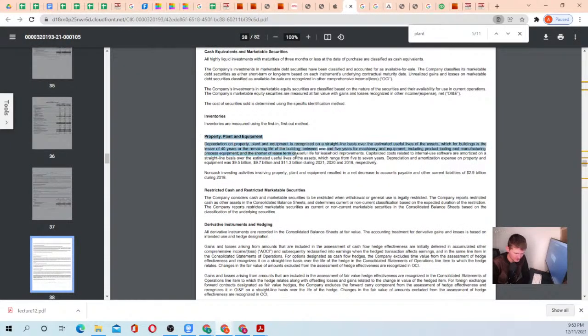So first of all, we have PP&E in accounting policies, and we discuss what the useful lives are, 1 to 5 years for machinery and equipment, including product tooling, manufacturing process equipment, and the shorter of lease term or useful life for leasehold improvements. Capitalized costs related to internal use software are amortized on a straight line basis over the estimated useful life. Non-cash investing activities resulted in a net decrease to accounts payable and other current liabilities of 2.9 billion.